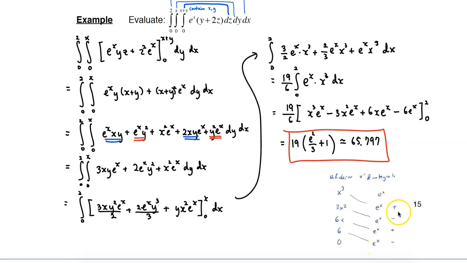If you're wondering why there are pluses and minuses, doing two steps of integration by parts will show you. It's the minus in front of the integral that causes this flip to happen. So we have the integral here, x cubed e to the x minus 3x squared e to the x plus 6x e to the x minus 6 e to the x, and we just substitute 2 and 0 to get the final answer.